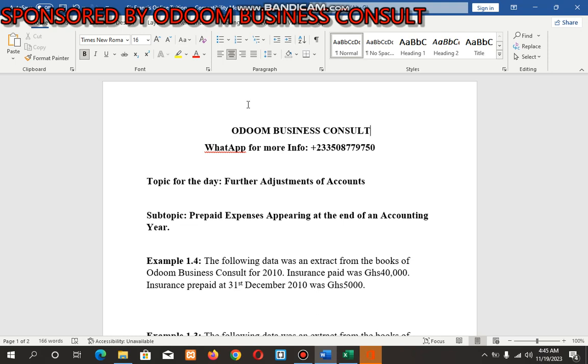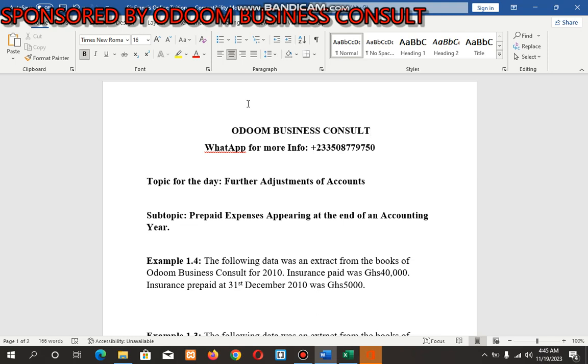And because it's not part of the current year expenses, and we are using the matching concept to do our recordings in the books of account, what we have to do is deduct from the relevant expenses account. We have to reduce the relevant expenses account by that prepaid expense made at the end of the accounting year.